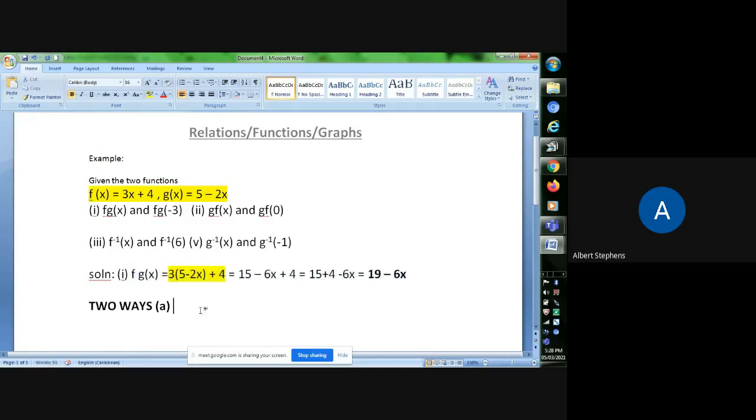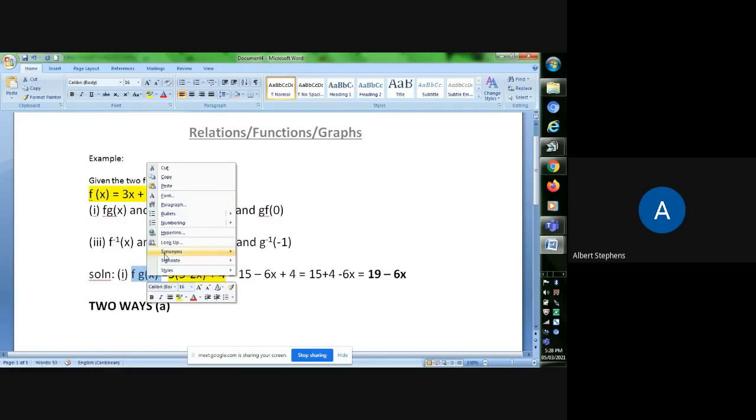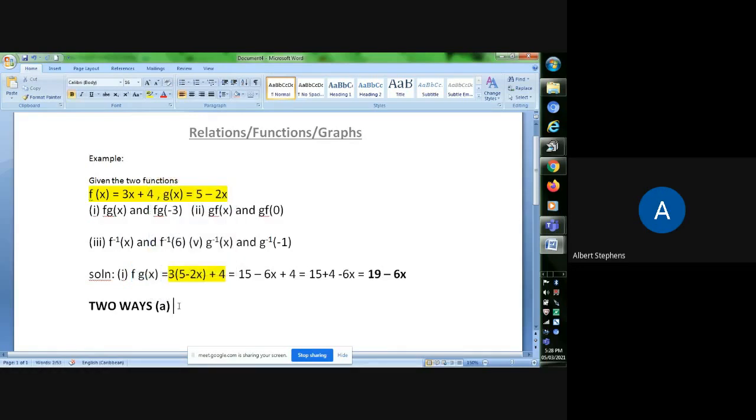So fg(x) equals 19 subtract 6x. But now we have a number inside here.